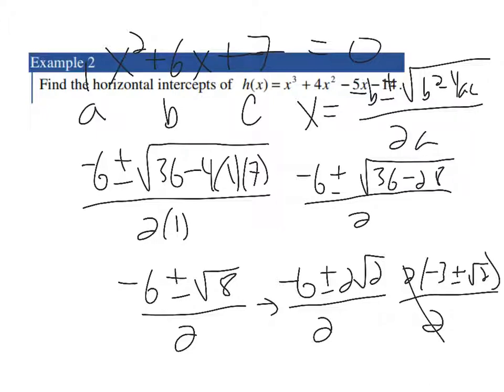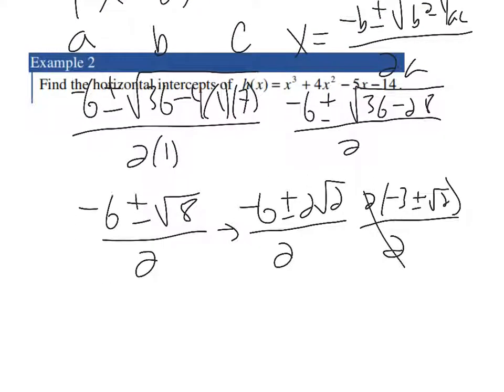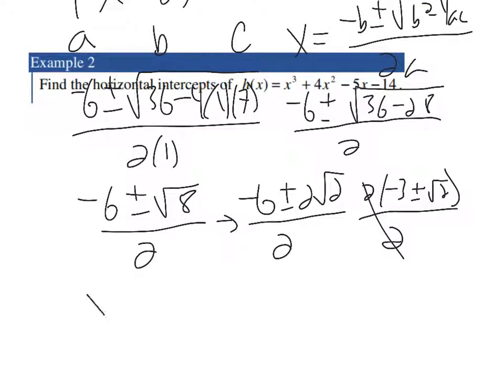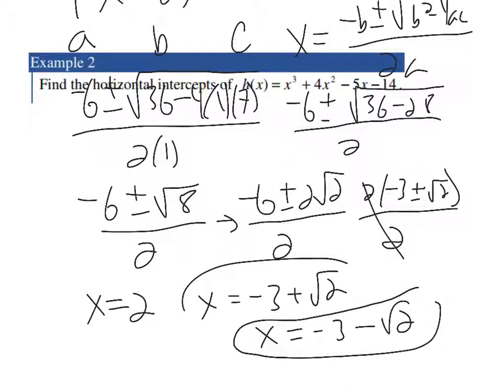From all this work I know that I've got a zero of x equals 2, from my work before. I also know I've got a zero of x equals negative 3 plus the square root of 2. I also know I've got a zero of x equals negative 3 minus the square root of 2. So that's the three places that it crosses the x-axis.